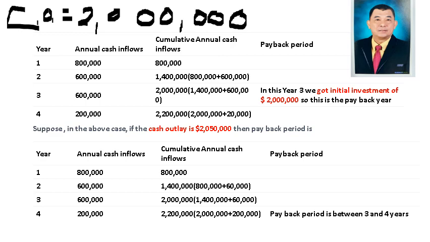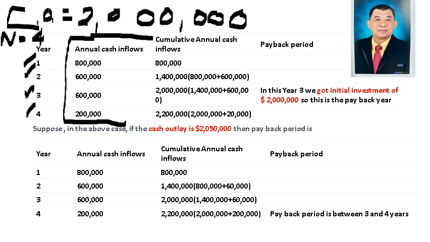In the first year, our N here is 4 years. Why 4 years? Because first year, second, third, and fourth. This is our forecasted annual cash inflow, which in the first year is 800,000, 600,000, same 600,000, and 200,000.